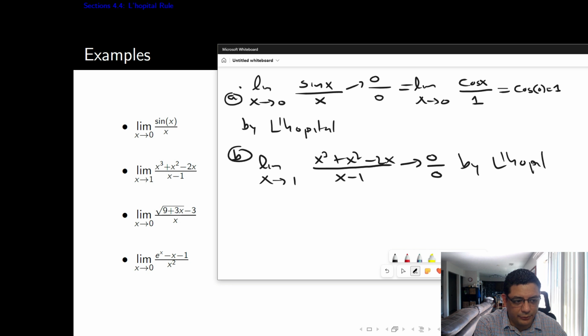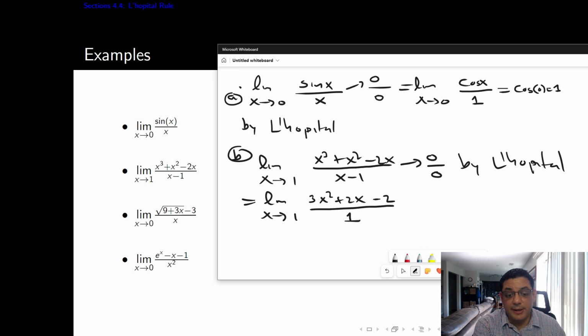By L'Hopital's rule, this is equal to the limit when x goes to 1 of 3x squared plus 2x minus 2 over 1. Now notice that we're not going to have a 0 over 0 situation anymore. When I plug in 1, I get 3 plus 2 minus 2 over 1, which is essentially 3. And that's it, we're done.